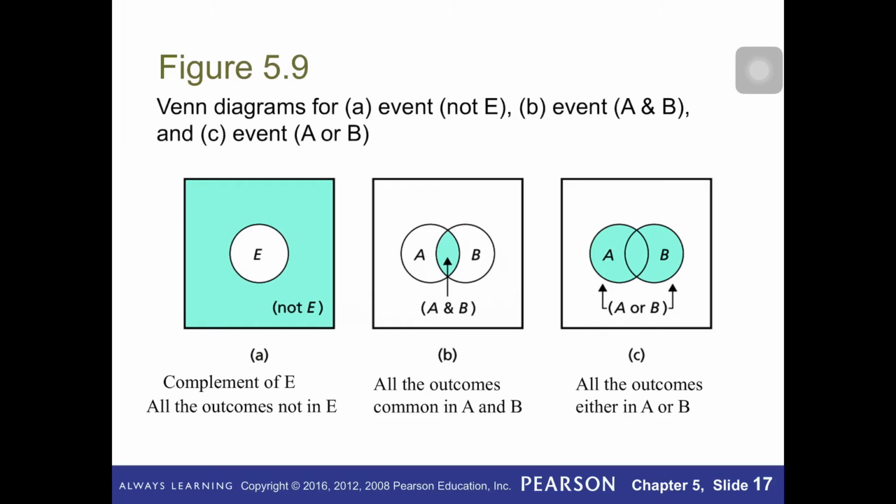Okay, this is the picture of Venn diagrams. See, this is an event within this rectangular boundary. So this is my sample space.